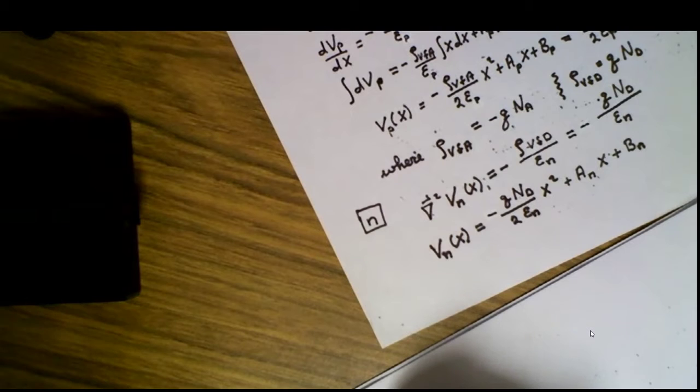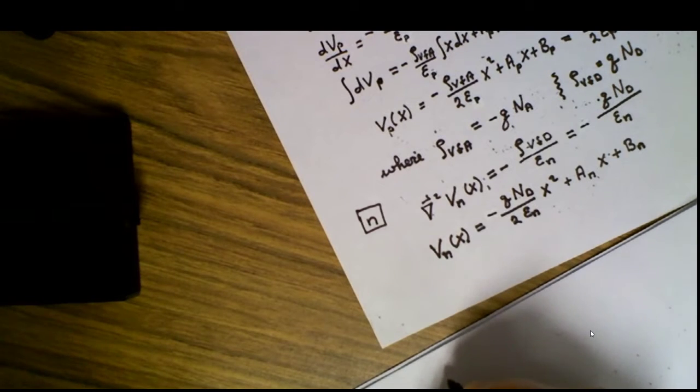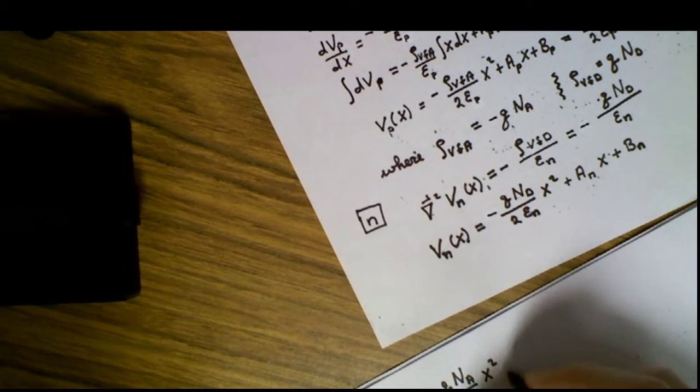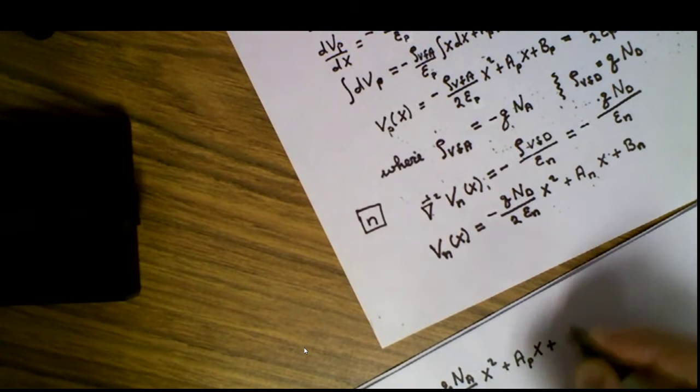Therefore, the potential in the P region, function of x, is going to be equal to the charge Q times the number of acceptors per unit volume divided by 2 times the permittivity epsilon sub p times x squared plus a sub p times x plus b sub p.